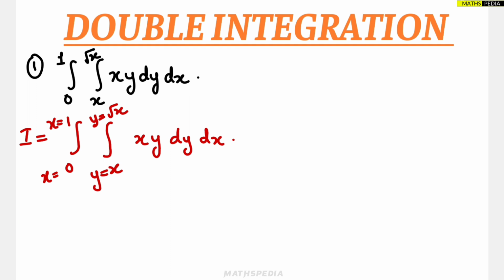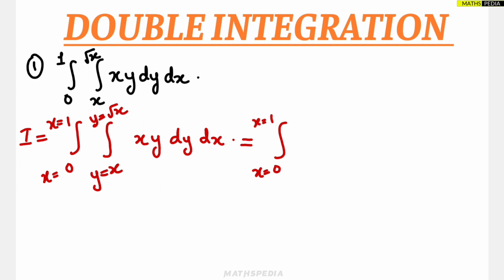Now we are going to do the integration part. Let us do that. The internal part we are going to do first, so with respect to y we have to do the integration. x remains the constant, that you have to understand. So it is equal to integral of 0 to 1, which will remain as it is. We are not disturbing that.